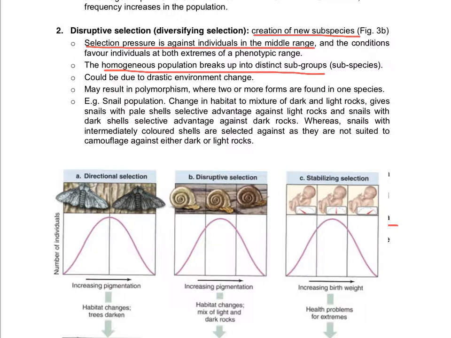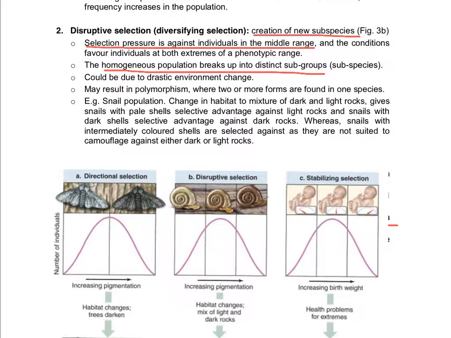Originally the rocks were a certain color, and then the change in the environment to have darker and lighter rocks means that the snails with pale shells can camouflage against the lighter colored rocks, and those with darker shells can camouflage against the darker colored rocks, whereas those in the intermediate range cannot fit either environment. So they cannot camouflage well against either.